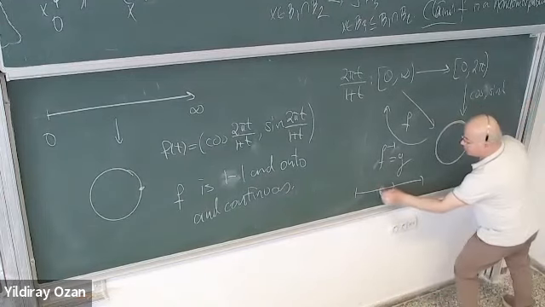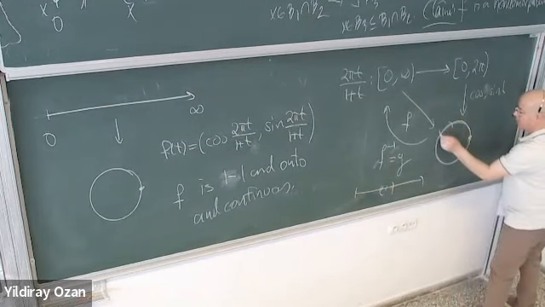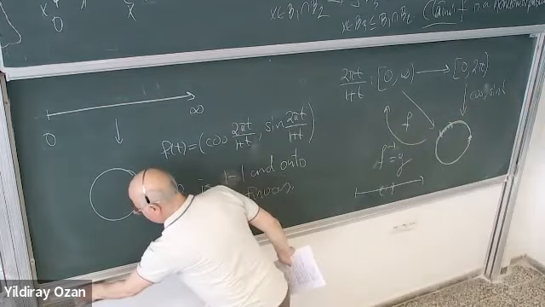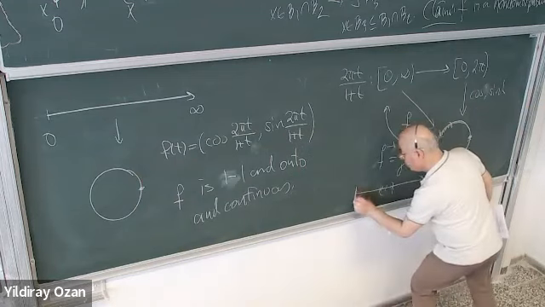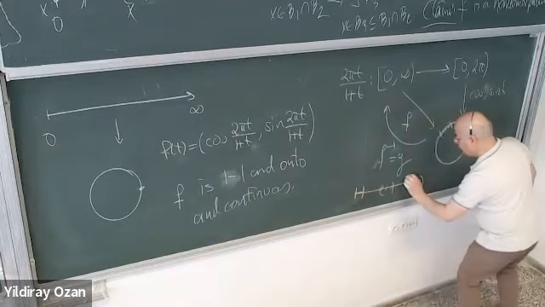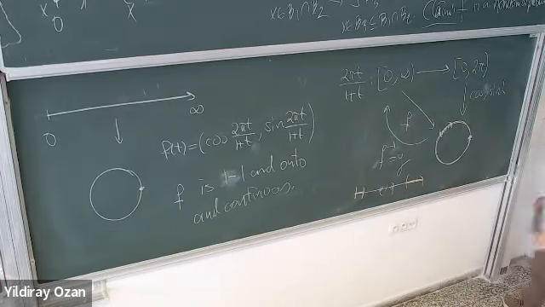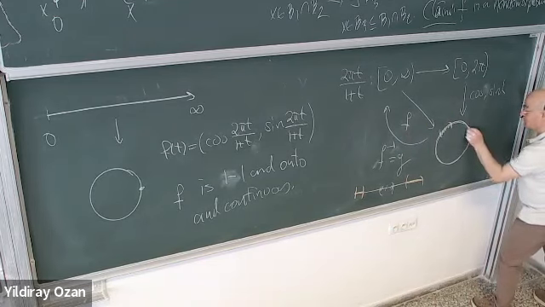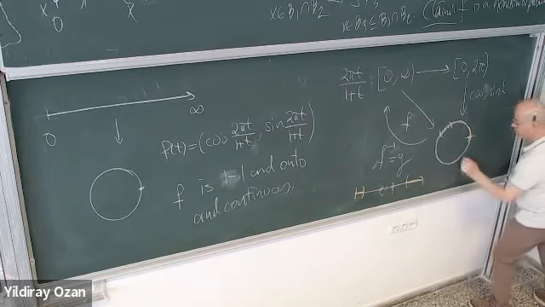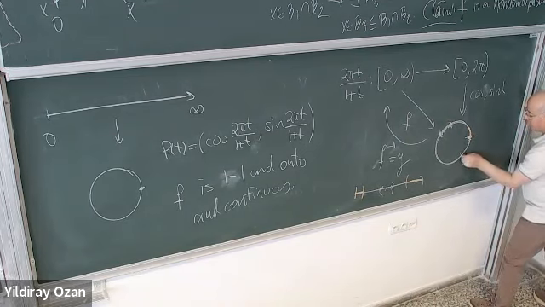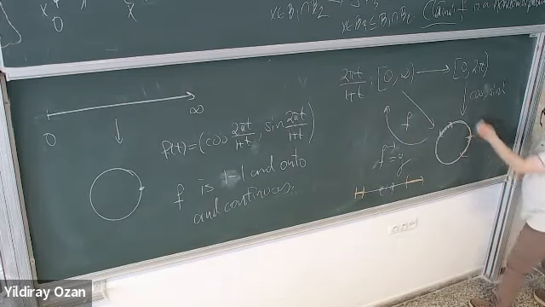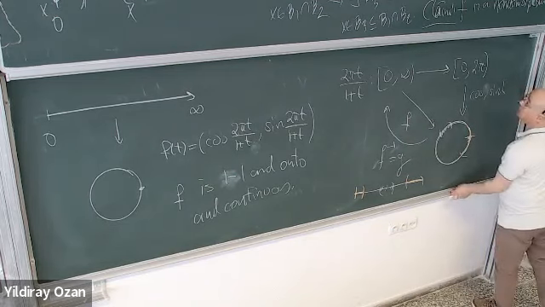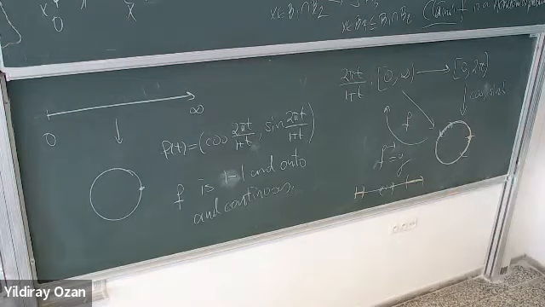The image of the other kind will be this union this, and then this gadget, which means something like this. So it's an open set. Therefore, this is a homeomorphism.